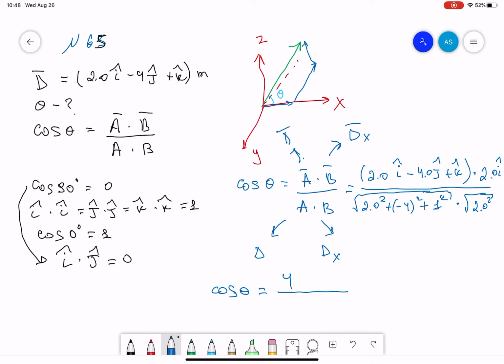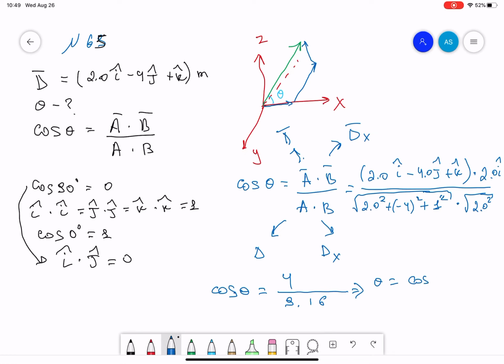Now what about the bottom side? Take the square root of 2 squared plus minus 4 squared plus 1 squared, and multiply by the square root of 2 squared. If you do the calculation, it gives you 9.16.